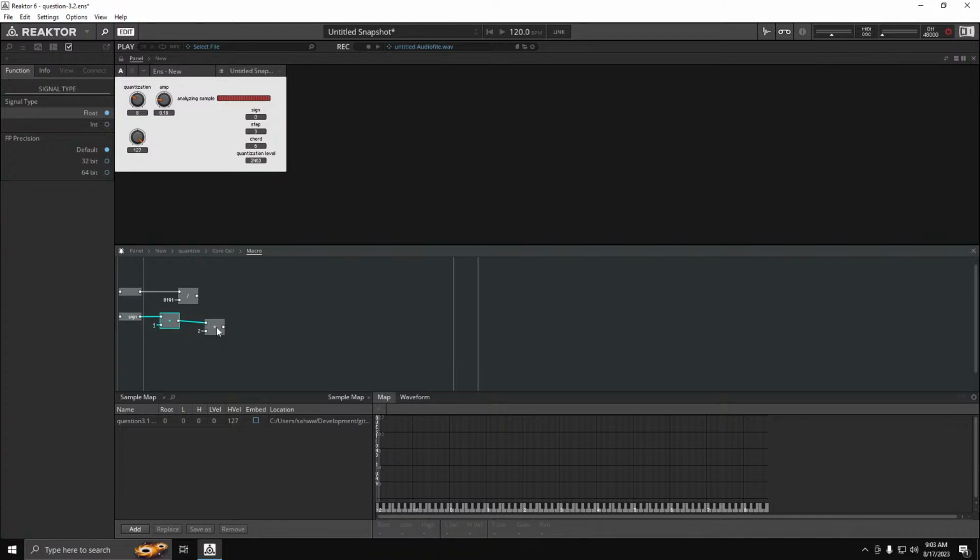Multiply by 2. Instead of going from 1 to 2, it's going to go from 2 to 4.